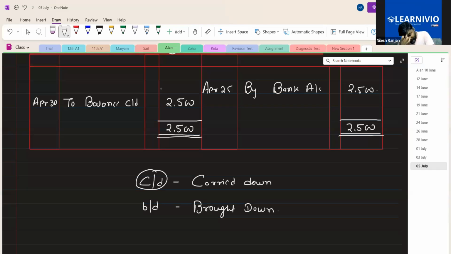I just said that we will calculate the total of both sides. In the beginning, I asked what is the total of credit side? You told me 2,500. I asked what is the total of debit side? You told me 0. So I told you that the higher total will be written on both sides. So I have written the total on both sides.